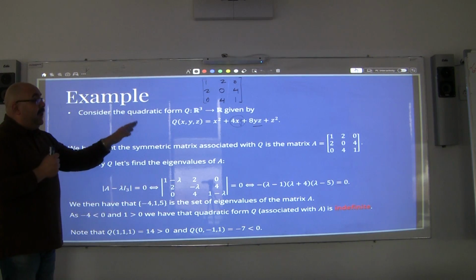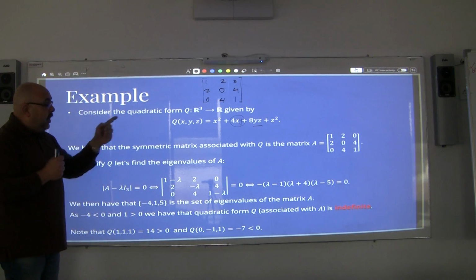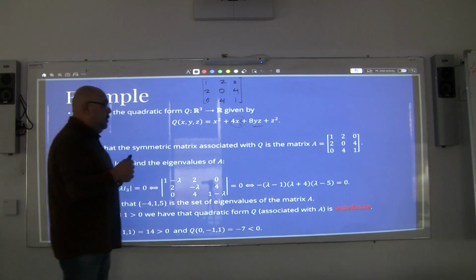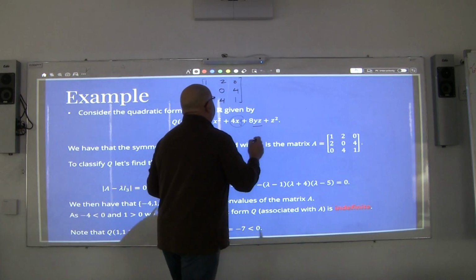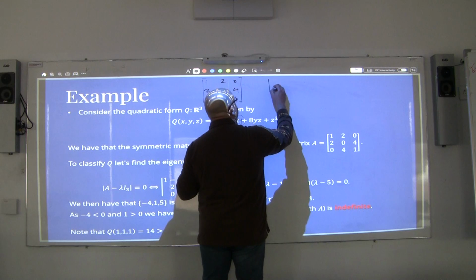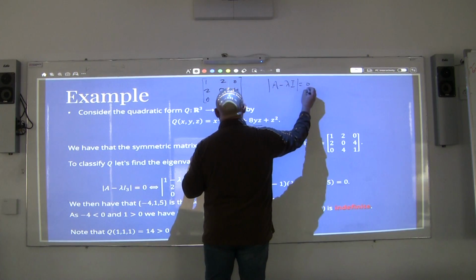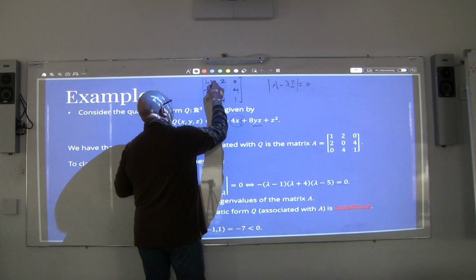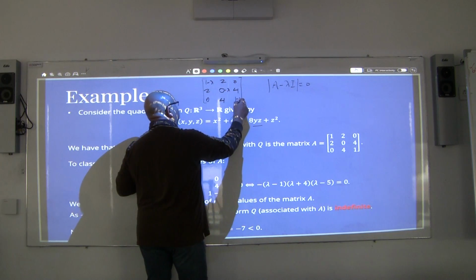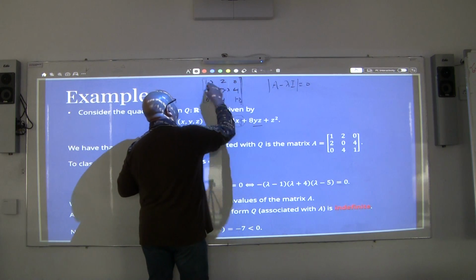Now I can get the eigenvalues relative to this matrix. If you remember the characteristic equation, it is really very simple. All I have to do is take the determinant of A minus lambda I and put it equal to 0, which means I will subtract lambda from the principal diagonal and evaluate the determinant.